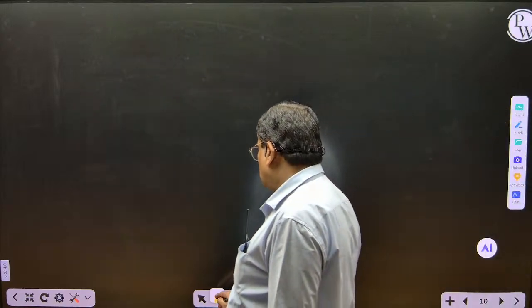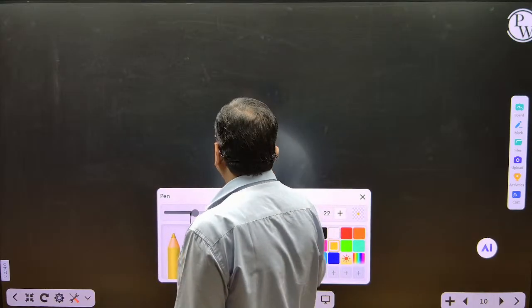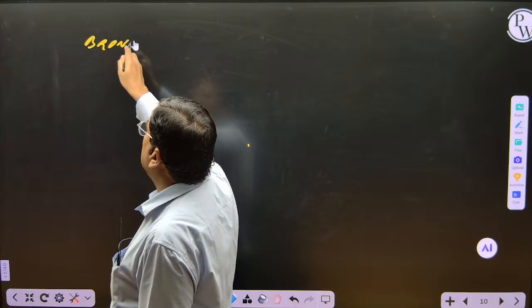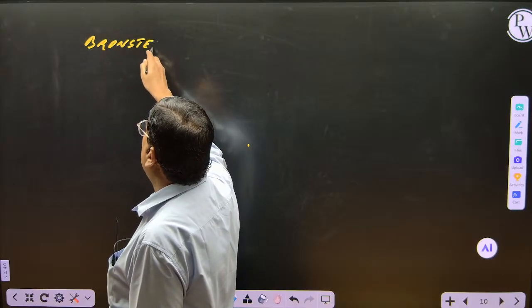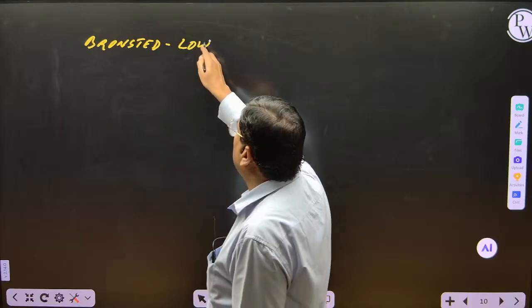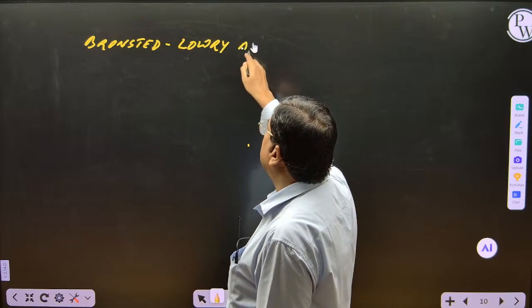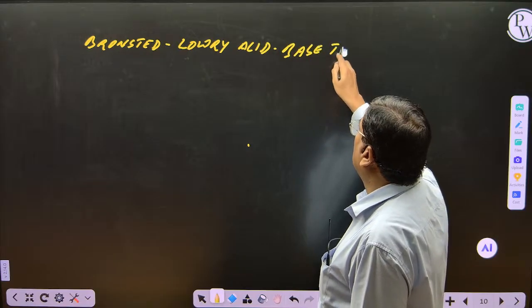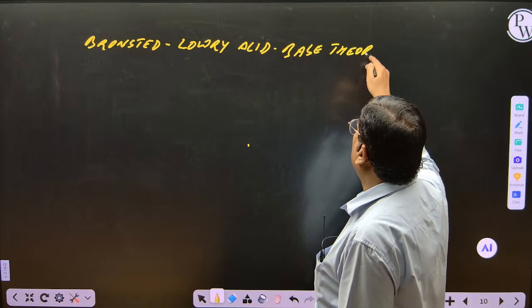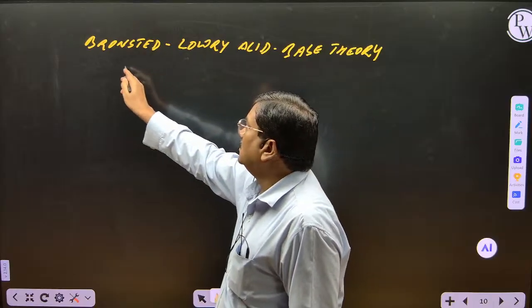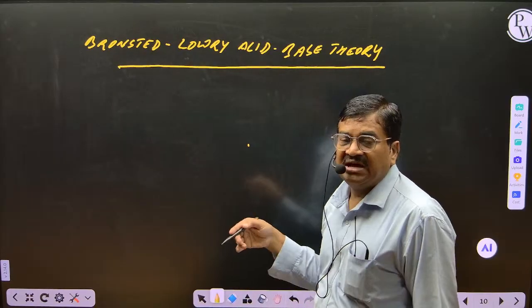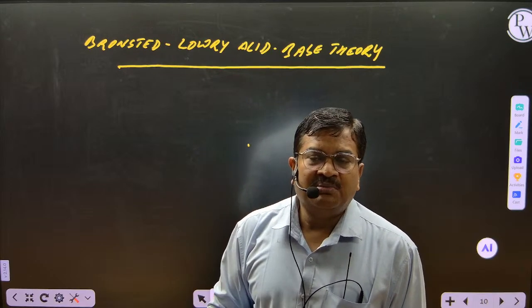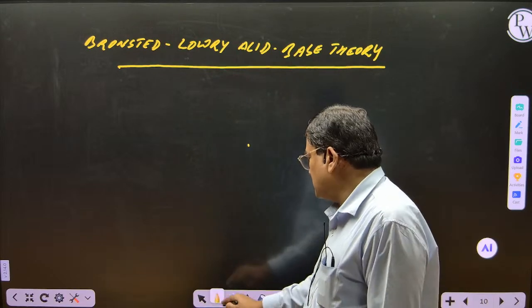We are heading Bronsted, spelling B-R-O-N-S-T-E-D, Bronsted-Lowry, L-O-W-R-Y, Lowry acid-base theory. Now in this, we have to discuss, same as in Arrhenius, whom we call Bronsted acid and whom we call Bronsted base. Now, observe here.